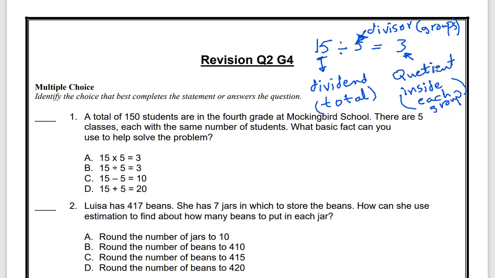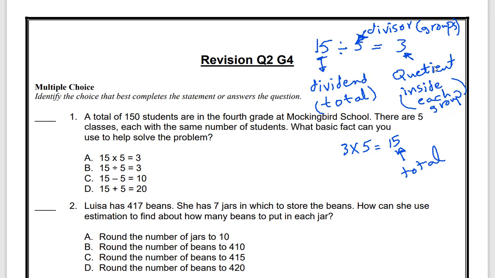If we need the total, we will multiply the divisor by the quotient. So if we need to get 15, we will multiply the 3 by the 5 to get the 15, which is the total. So if you need the total, you will multiply. If you need the number of groups, or the number inside each group, you will divide.